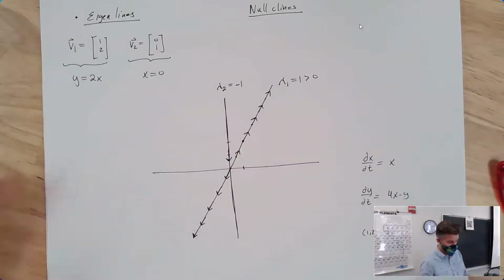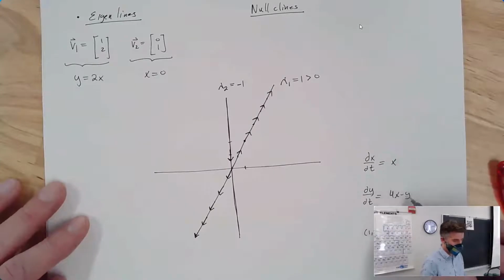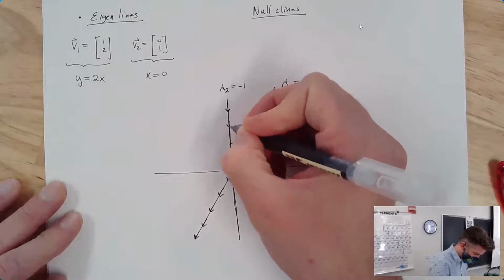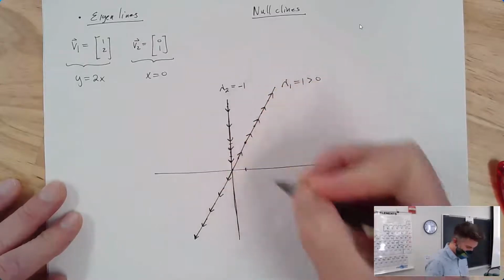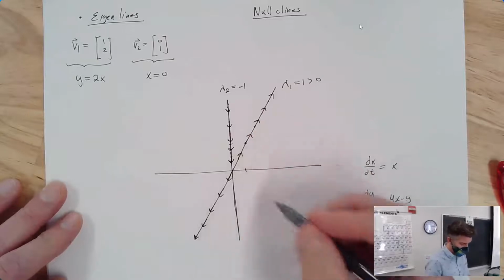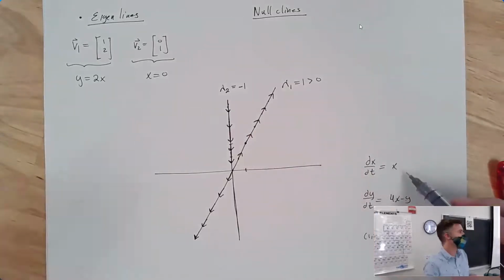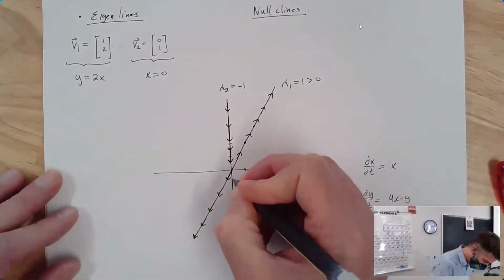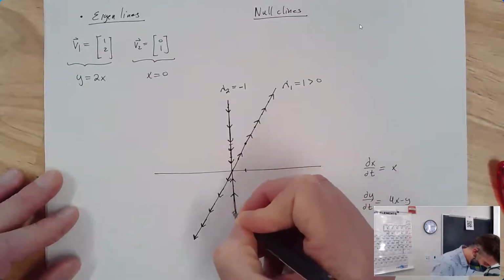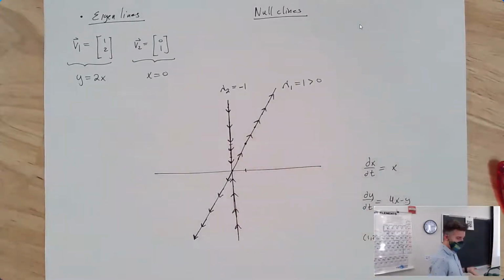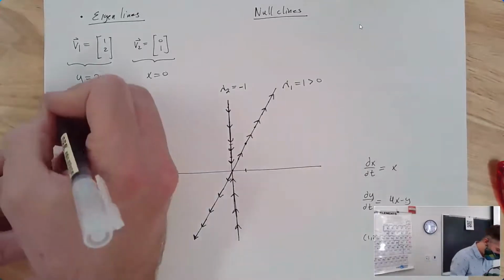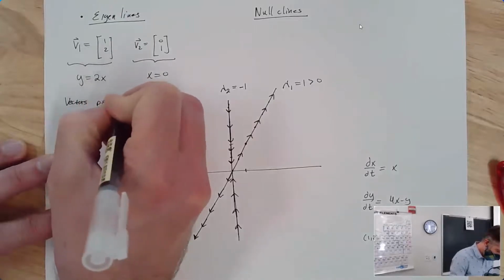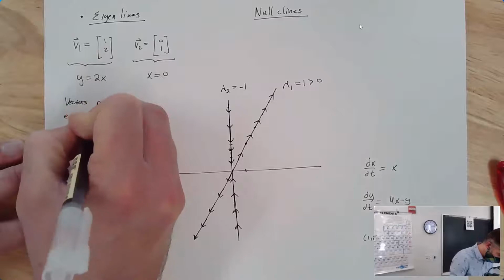Or if I pick the point 0, 7, I'm going to get 0 and 0 minus 7, which is -7. So way up here, I'm going to be pointing down. Whereas down here on the eigenline, if I pick something like 0, -2, dx/dt is still 0, dy/dt is 0 minus -2, which is pointing upwards. So eigenlines are great. The vectors point in exactly the direction of the eigenline.